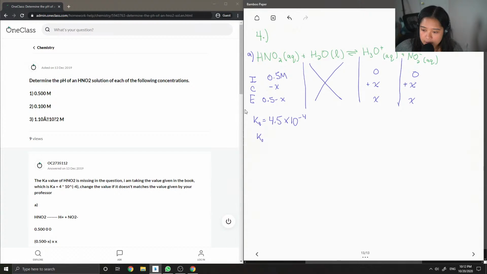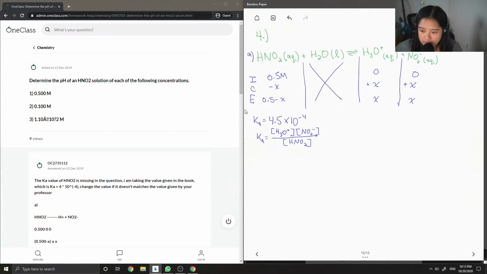Ka is equal to the concentration of your products, H3O plus times NO2 minus, all divided by the concentration of our reactant.